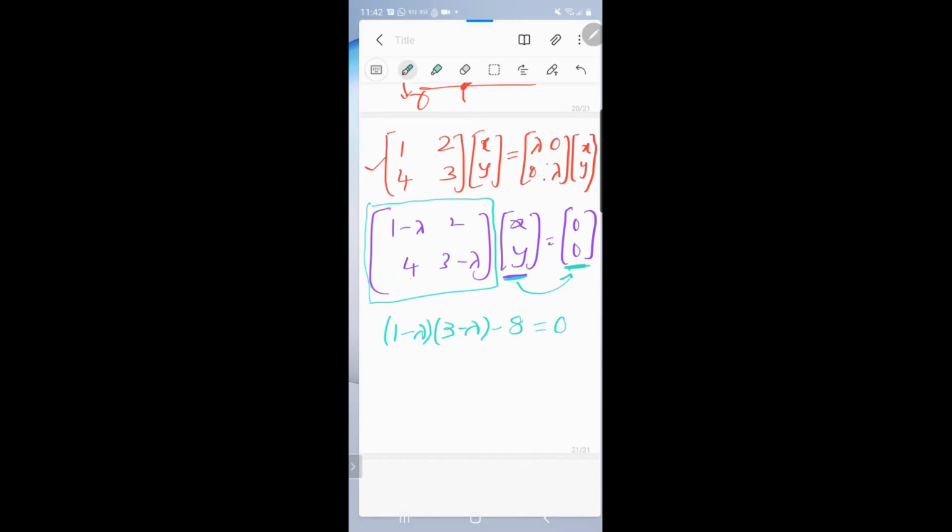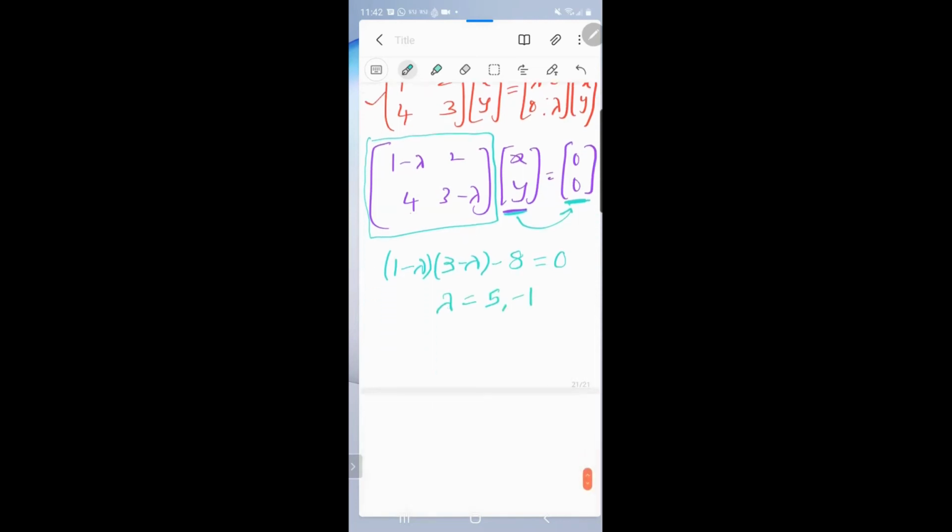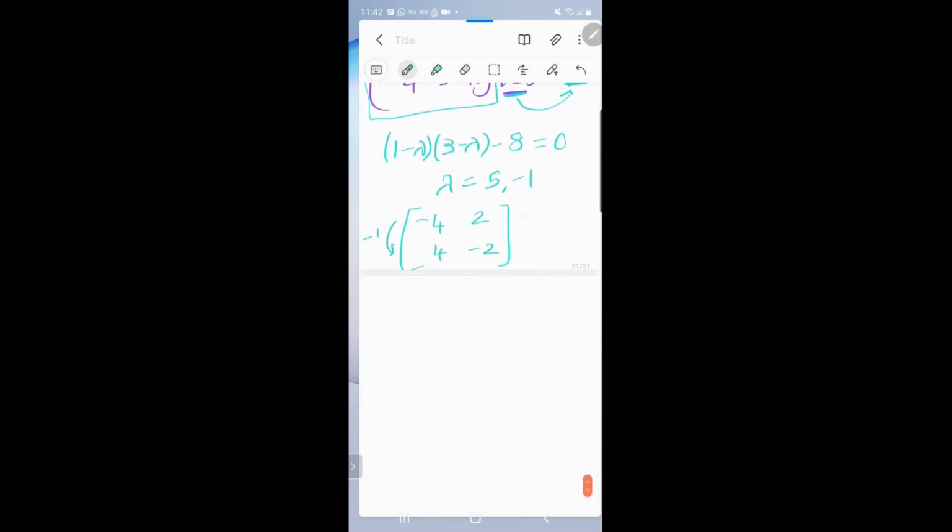Okay. So now we solve this equation. We get lambda equal to 5 and minus 1. When I substitute lambda equal to 5 in the above equation, I get minus 4, 2 and 4, minus 2. These two are really the same rows, right? Because the second row is simply the first row times minus 1. Minus 4 became plus 4, 2 became minus 2. Now this times xy equal to 0.